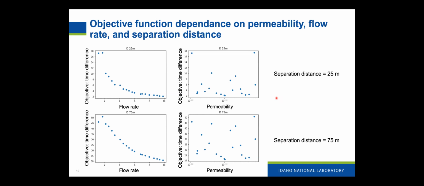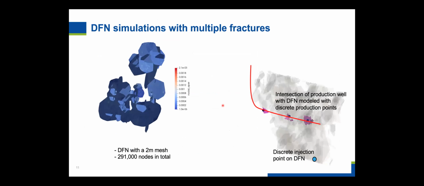Once we finish these sensitivity simulations, we recently got a more complex DFN model to consider from our partners at Golder Associates. This discrete fracture network model has a mesh size of 2 meters, and it has around 300,000 total nodes.